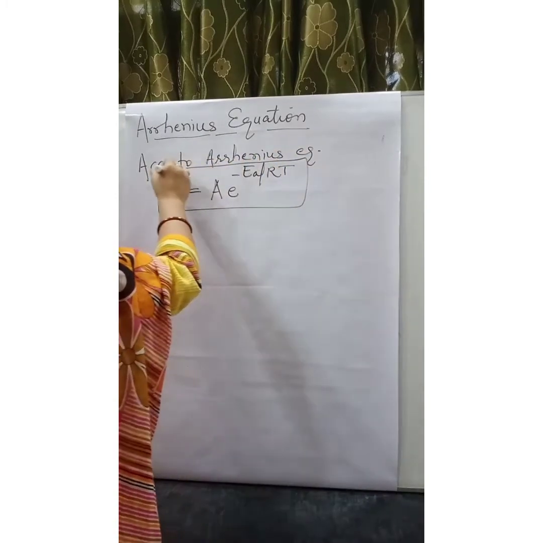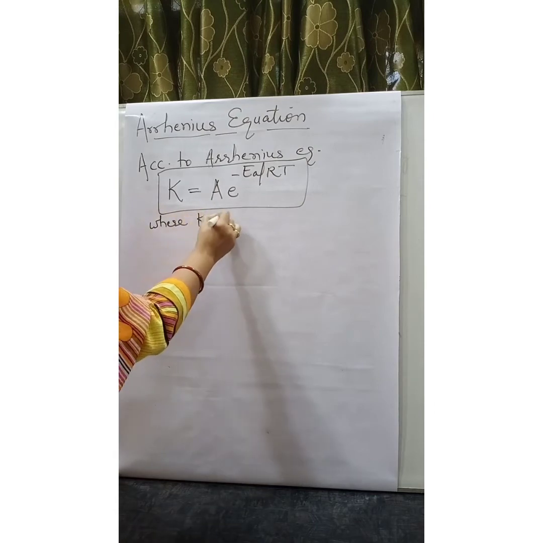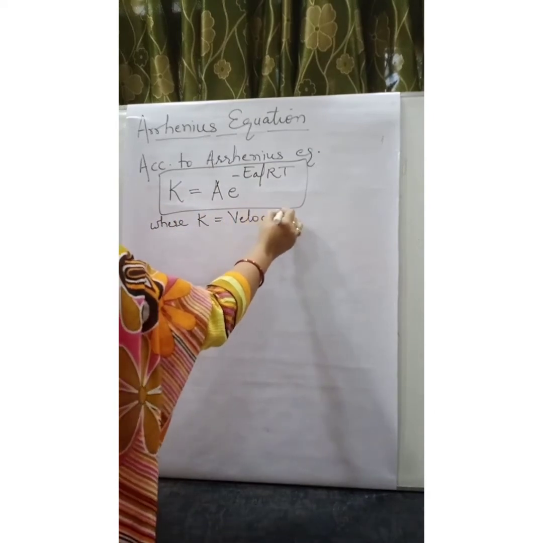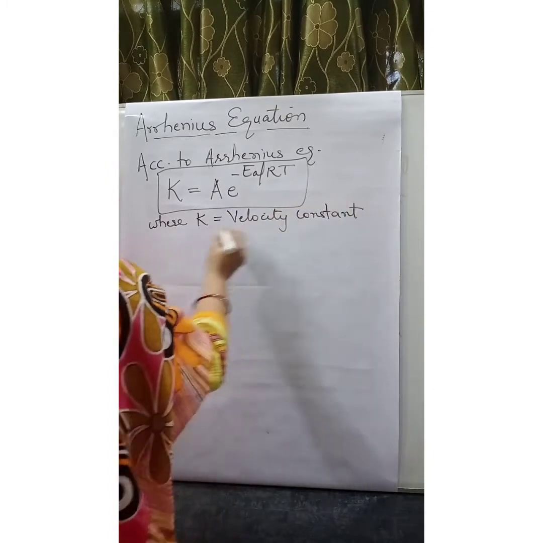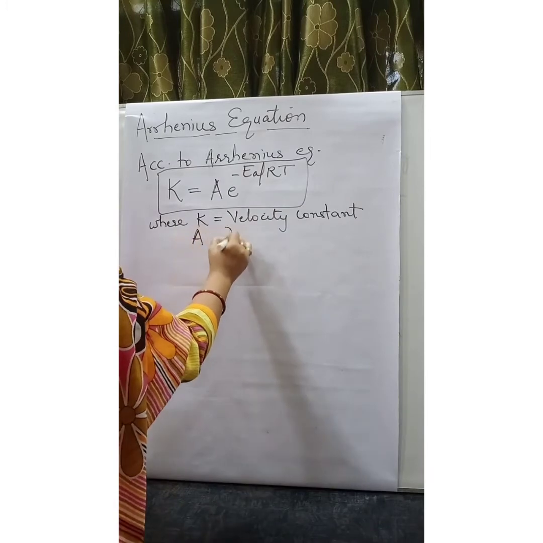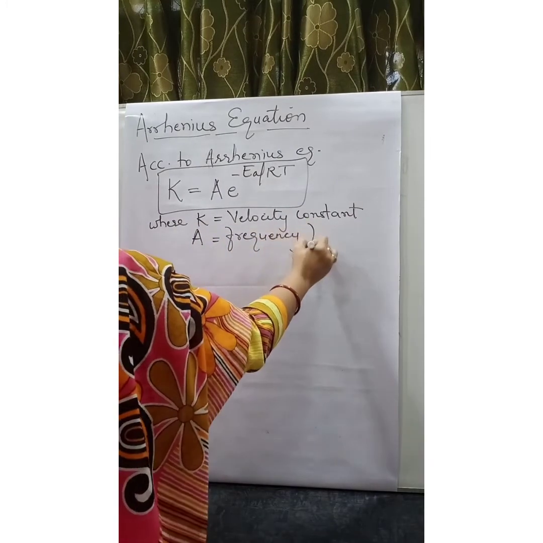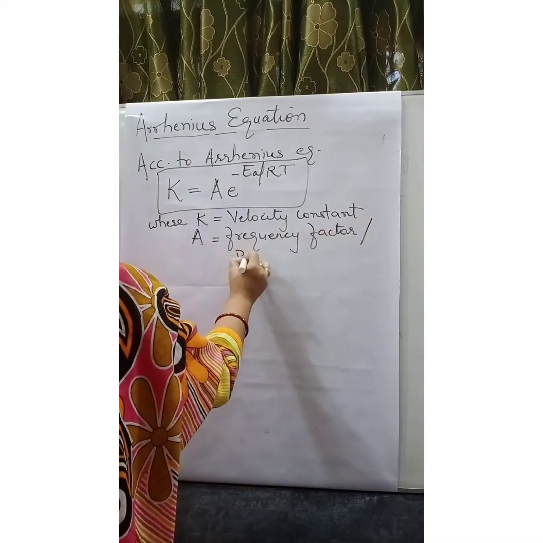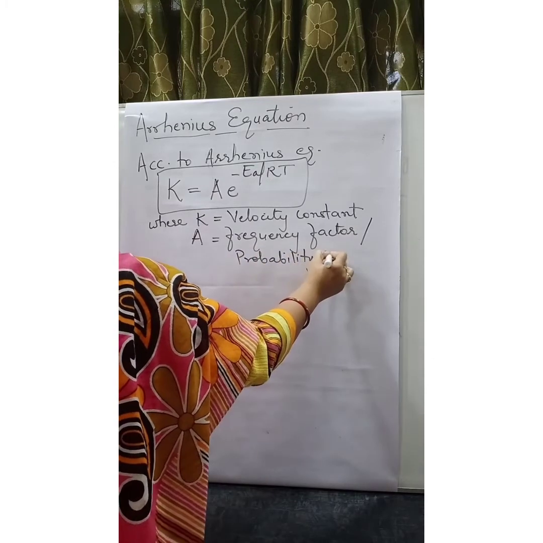This is the Arrhenius equation where k is the velocity constant, A is the frequency factor, or we can also call it the probability constant.